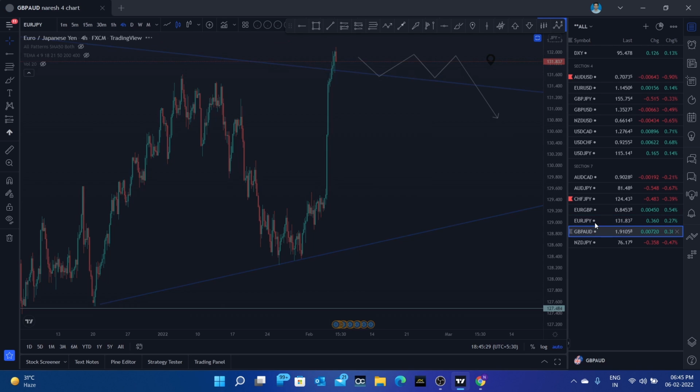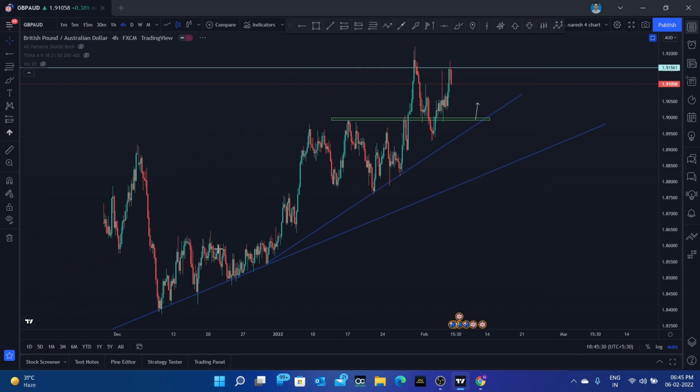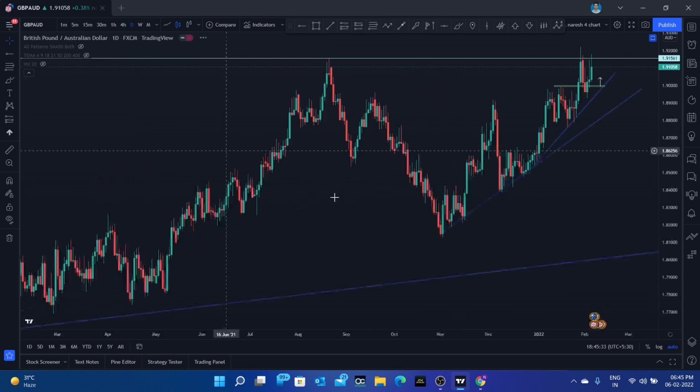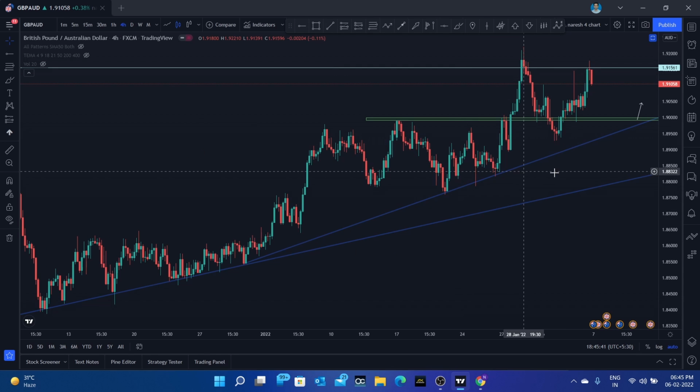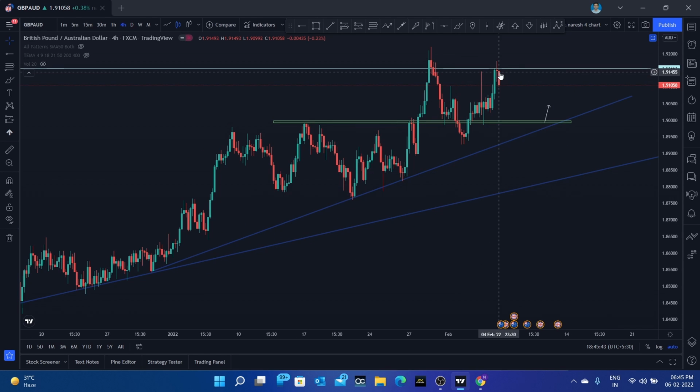So next would be GBPAUD, guys. In GBPAUD, the major trend is up. It is respecting this trend line and moving up, guys. Again, we can look for long entries. So if the price comes to this area, and it is near the trend line as well, if it holds and makes a bullish candle again, you can go for long entries, guys, and make this your first target as well.